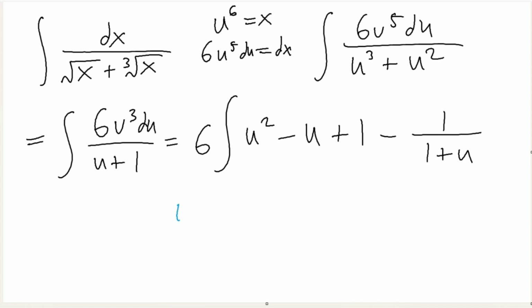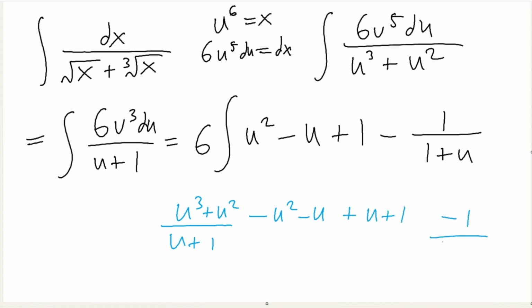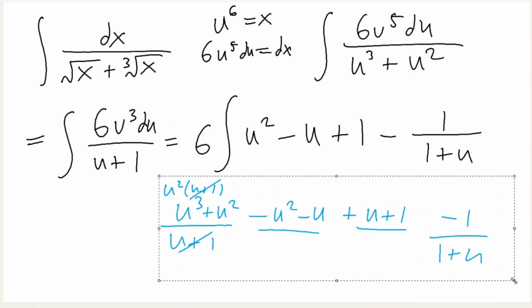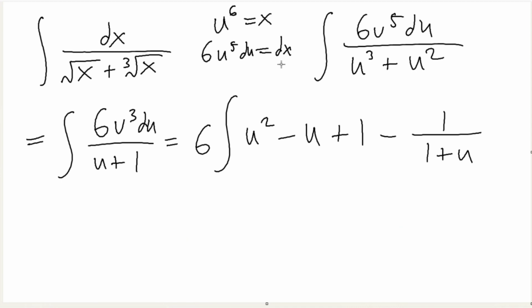If you want to double check, you can just go u squared minus u squared minus u plus 1 is minus 1, which is what we get, right? And then you factor u squared, u plus 1 cancels out, and that's where these come from. But we already learned that from our past video, from our beginner training.